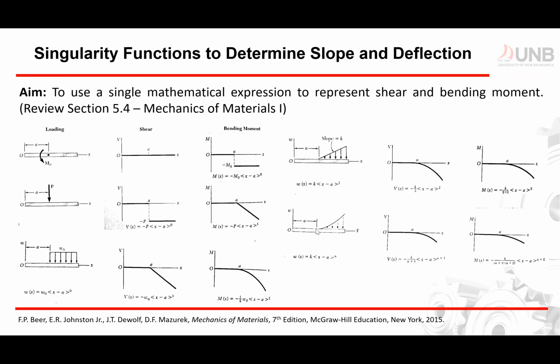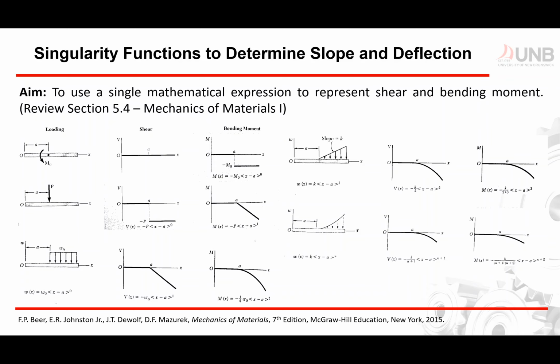Same thing here, if you have a certain w raised to n, so that's n plus 1, and then n plus 2. So that's how we use singularity functions. And for singularity functions, we have to isolate each moment, each force, or each distributed load, and make a separate singularity function for each type of loading.